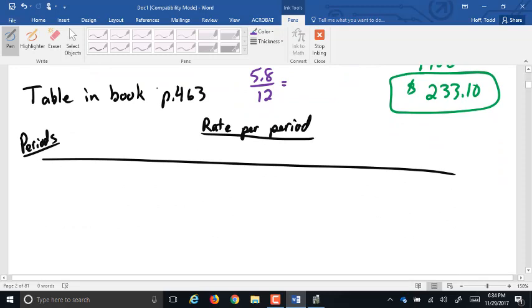For example, the problem we did before that was $5,000 at 8% compounded quarterly for 3 years.